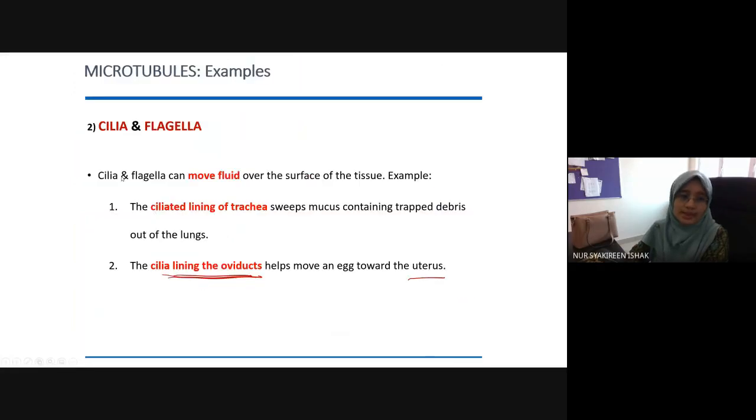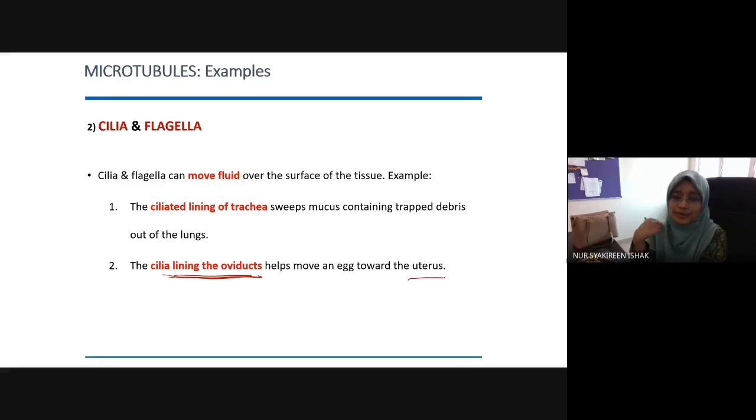These are examples of where you can find cilia. Cilia and flagella can move fluid over the surface of tissue. For example, the ciliated lining sweeps mucus containing trapped debris out of the lung. The air that you breathe in is obviously not clean. It contains contaminants.